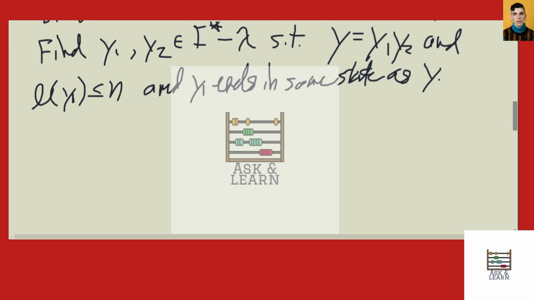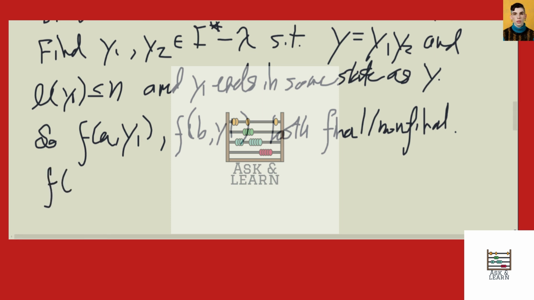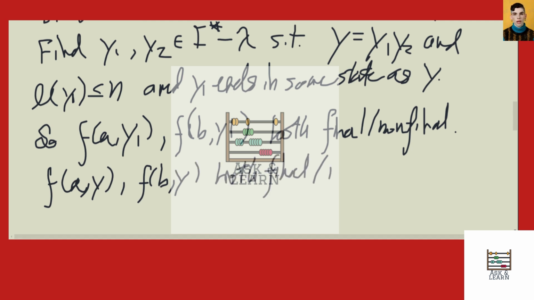Now, since y1 has a length of at most n, it follows that f of a y1 and f of b y1 are both final or non-final, and since y and y1 end in the same state, it follows that f of a y and f of b y are also both final or non-final.